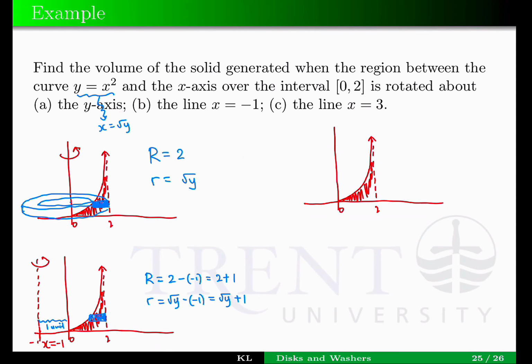Lastly, for letter C, the axis of revolution is x equals 3. So this is your x equals 3. This is the axis of revolution. Vertical axis, horizontal strip. So when we revolve this, you will have this, and then we have this, and then of course there's the hole here.